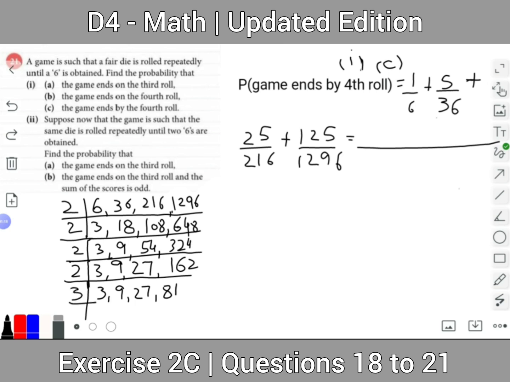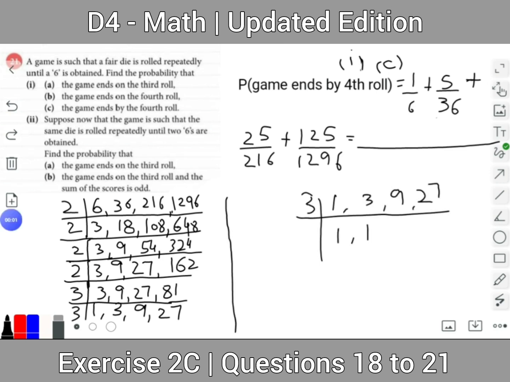Now we have 3 1s are 3, 3 3s are 9, 3 9s are 27, 3 2s are 6 and 3 7s are 21. Here we have 3 1s are 3, 3 3s are 9 and 3 9s are 27. Then we have 3 1s are 3, 3 3s are 9.